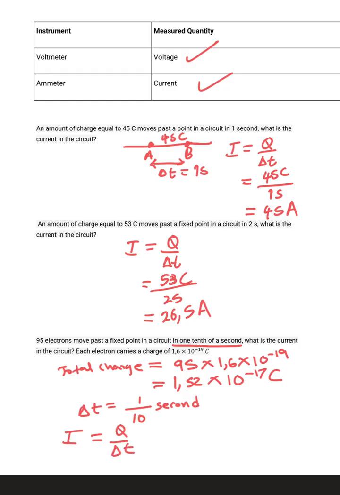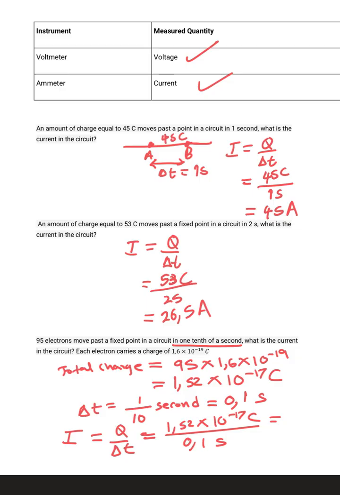The charge is 1.52 times 10 to the negative 17 coulombs over 0.1 second.